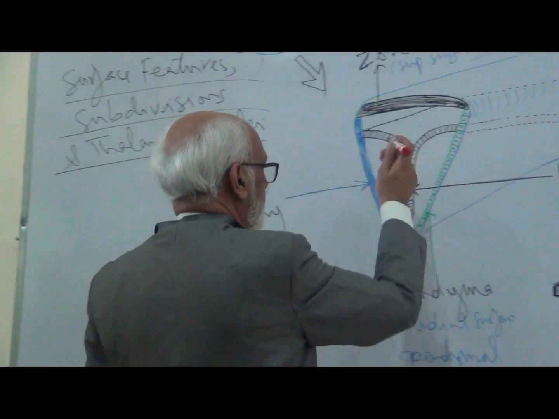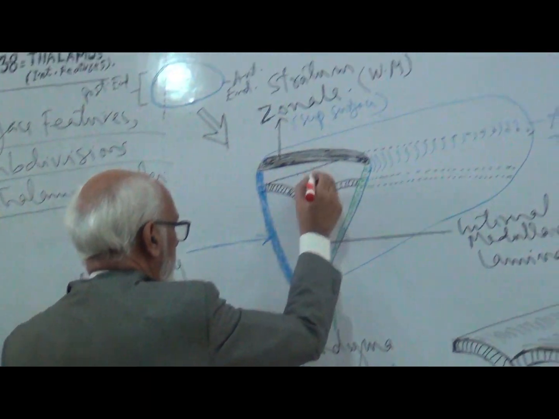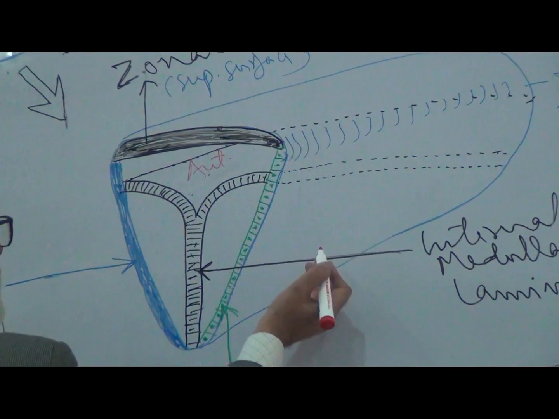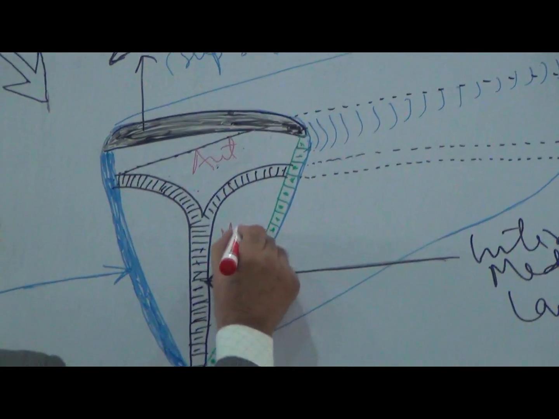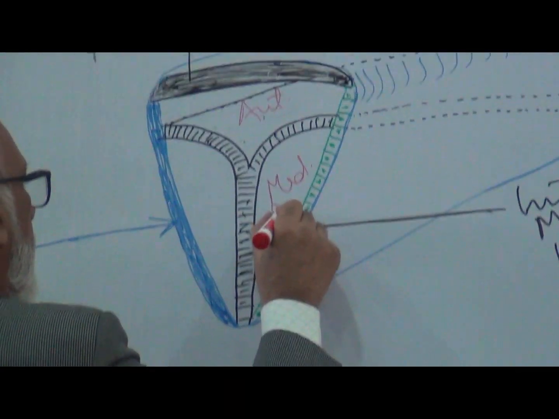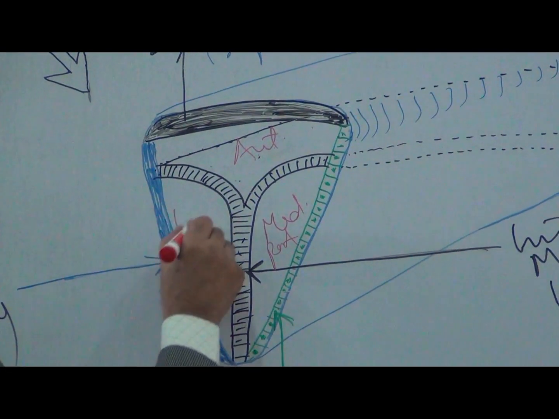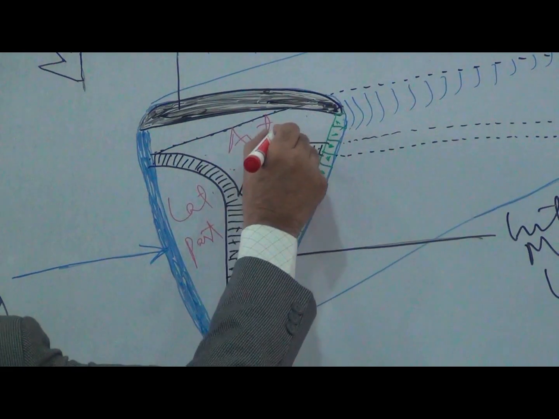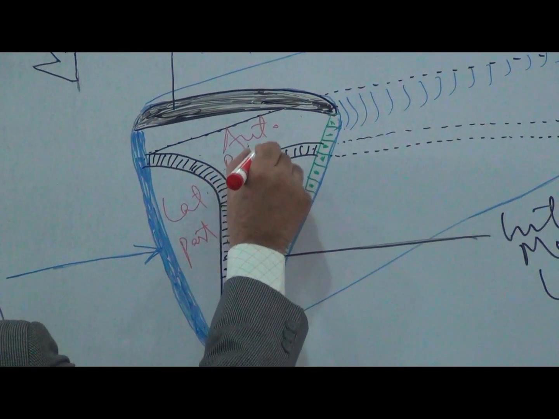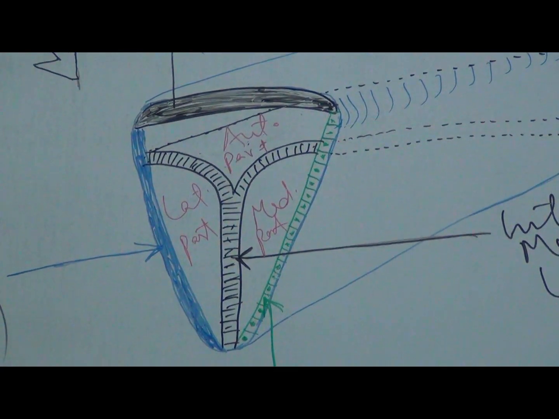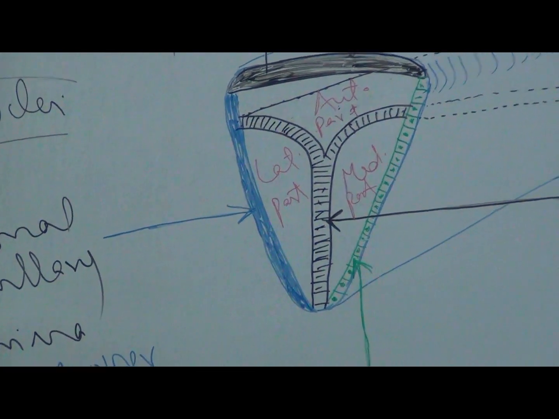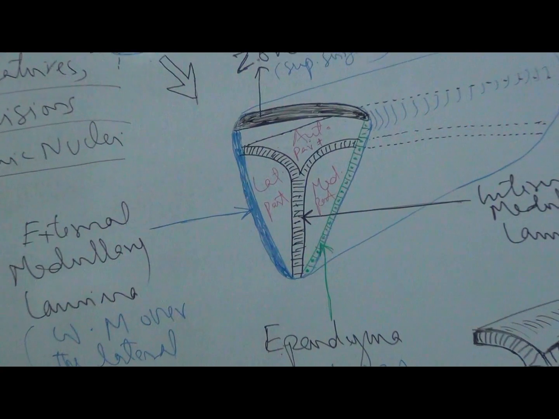So you can see this between the laminae, this is anterior part. Towards the medial side is the medial part. Towards the lateral side is the lateral part. So the internal medullary lamina divide the interior of the gray matter of the thalamus into these three parts.